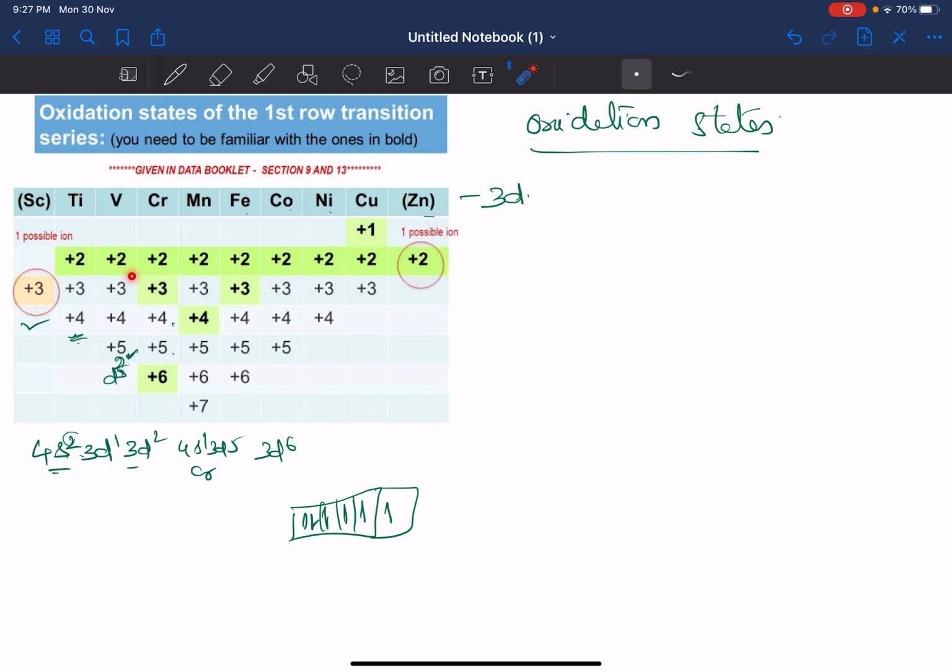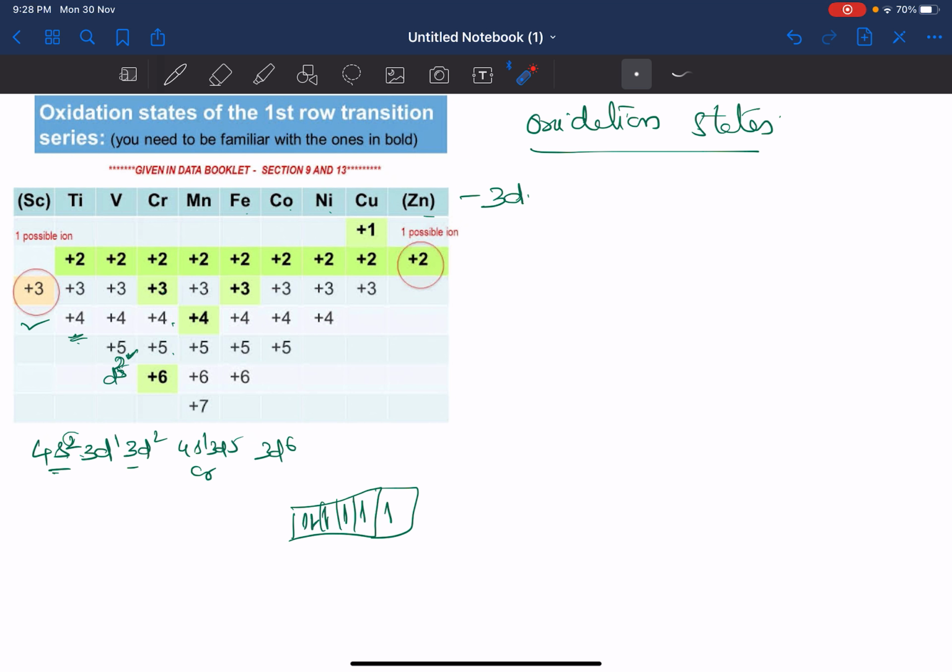So the element with greater oxidation state occurs at the middle of the series, that means manganese. And next, lower oxidation states are at the extreme ends. Extreme ends means here scandium and zinc.